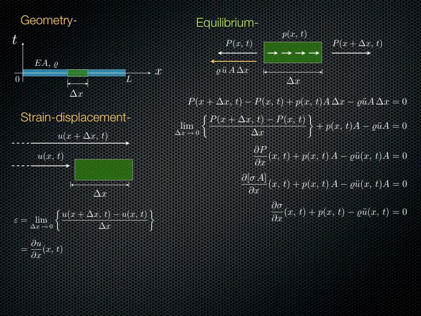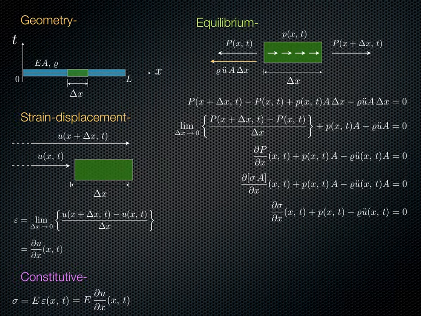If we also assume that the cross-sectional area is prismatic, that it does not change along the x direction, we can take it outside that partial derivative on the left-hand side and eliminate the constant A from the equation, and we're going to end up with this last equation. Partial of sigma with respect to x plus the body force p minus the inertial force is equal to 0 at all times, at all positions.